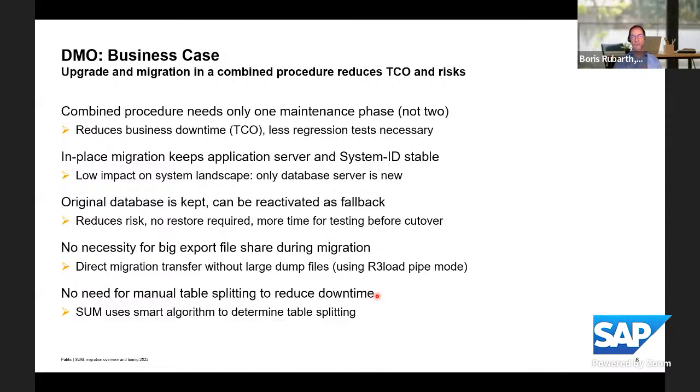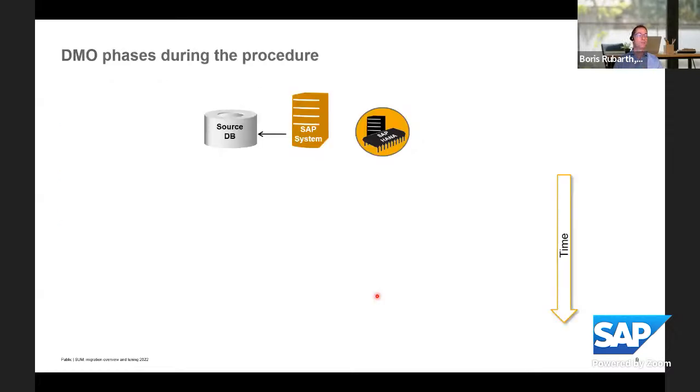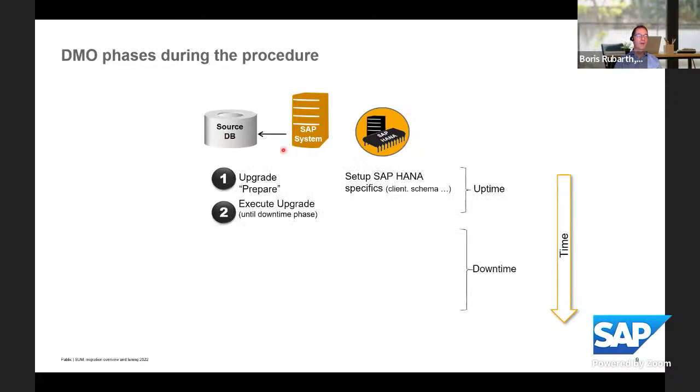A rough overview of the process steps is shown in this illustration. You see the application server, the SAP system is running on the source database. We have the HANA database already provided. We start the Software Update Manager with the specific phases, the roadmap steps: upgrade, prepare, execute. That means there are some preparations done on the target HANA database, setup of the schema, for example.